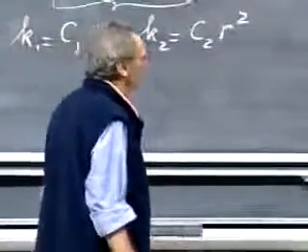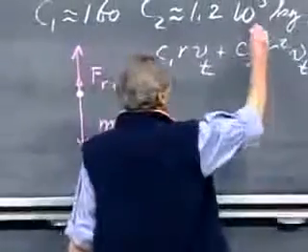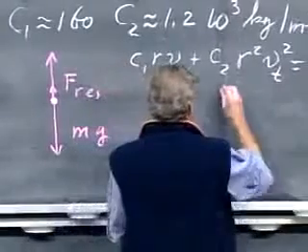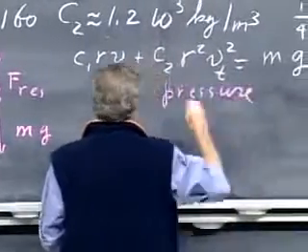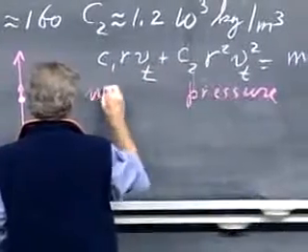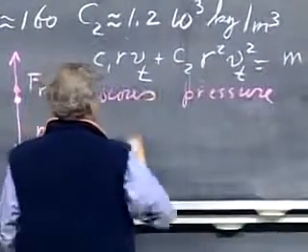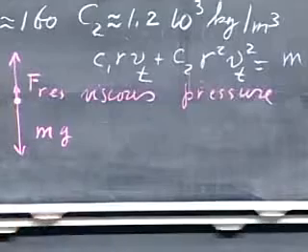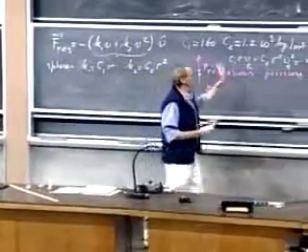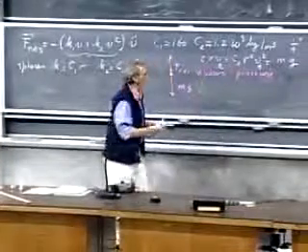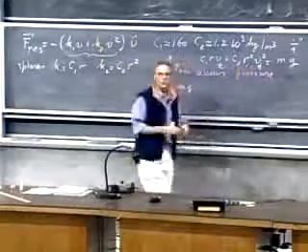And the reason why that would be silly is that I claim that this term, which by the way we call the pressure term, can be completely ignored compared to this term, which we call the viscous term. How do we know that that pressure term can be ignored? Well, let's first ask the question, when is the viscous term and the pressure term the same?